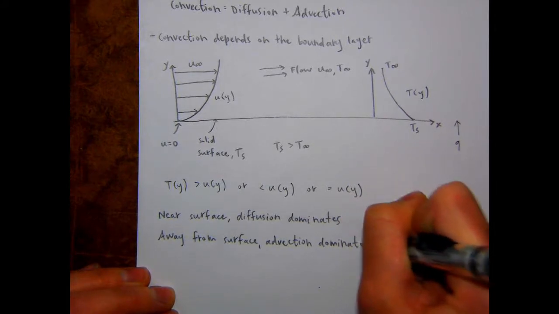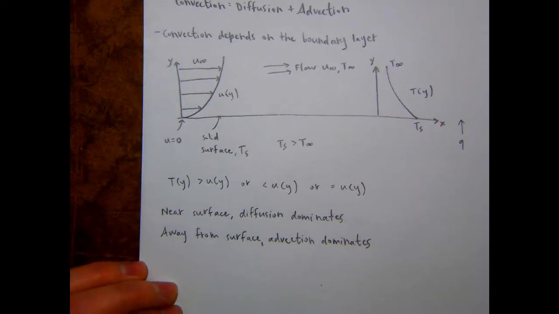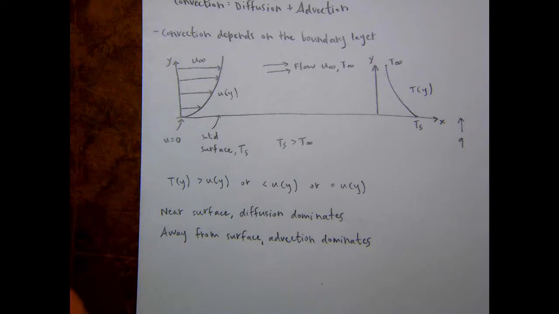If you remember from fluids, when you have a flow that's just entering a pipe or just coming onto a flat plate, for instance, you have an entry region where the boundary layer is starting to develop. When we get further into convection analysis, you'll have to determine if we're in the entry region, if the boundary layer is fully developed, and all of that.